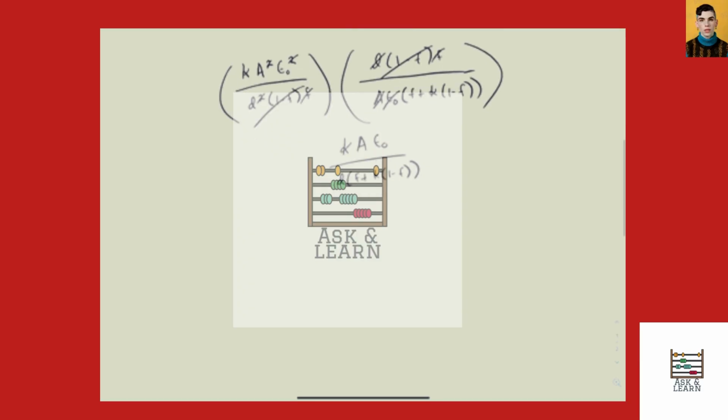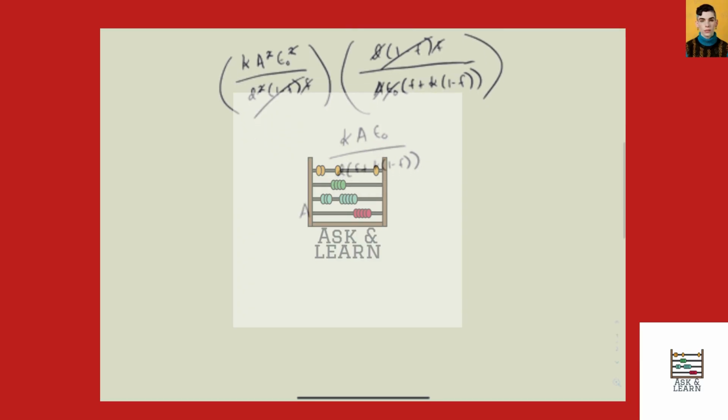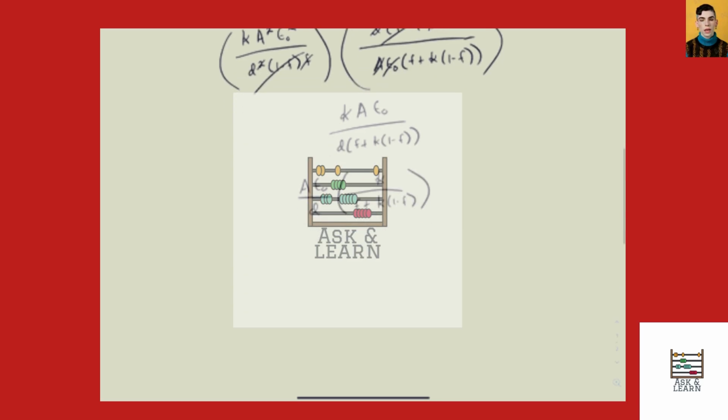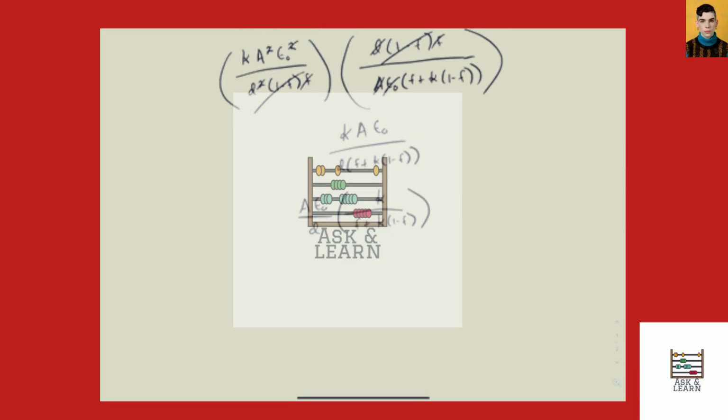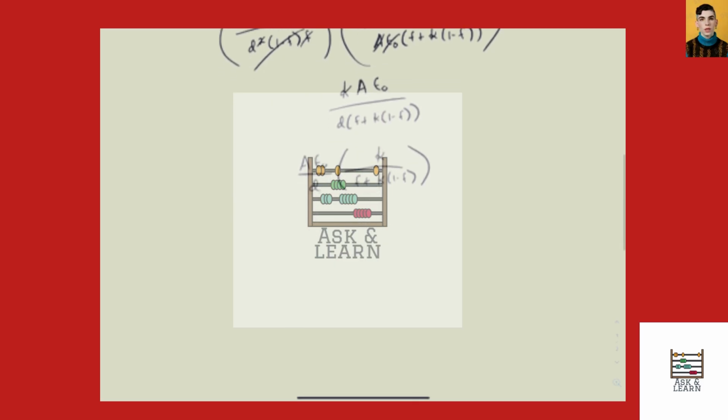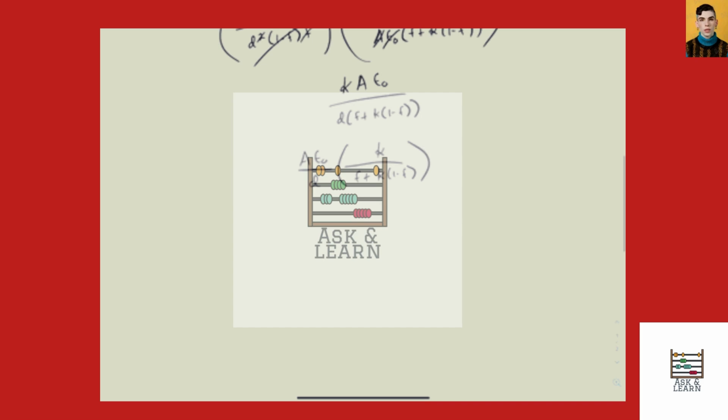And now I can take out part of this. I can say that this is A epsilon naught over D times kappa over F plus kappa times 1 minus F. And A epsilon naught over D is the capacitance of the original capacitor, the whole thing, which is 25 microfarads.